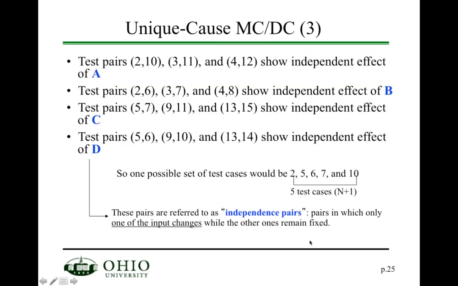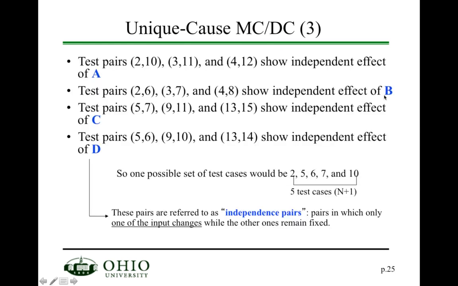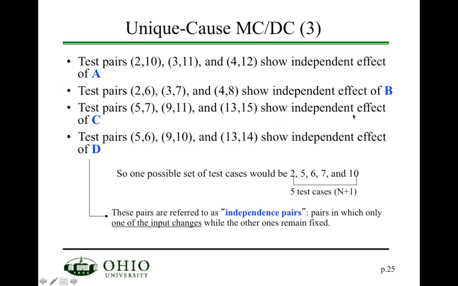This means that test pairs 2 and 10, 3 and 11, and 4 and 12 show independent effect of A on outcome Z. At the same time, 2 and 6, 3 and 7, and 4 and 8 show independent effect of B. 5 and 7, 9 and 11, and 13 and 15 show independent effect of C. And finally 5 and 6, 9 and 10, 13 and 14 show independent effect of D. Out of this I can combine a set of test cases.